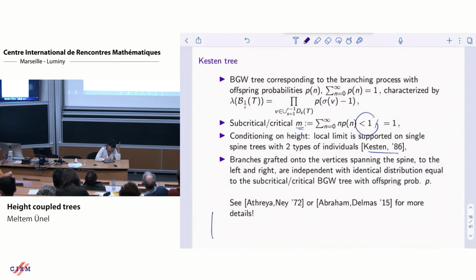The special ones span the spine, and the normal ones are attached on the spine, and they are distributed independently according to the Bienaymé-Galton-Watson measure, either subcritical or critical depending on the branching probabilities that I started with.